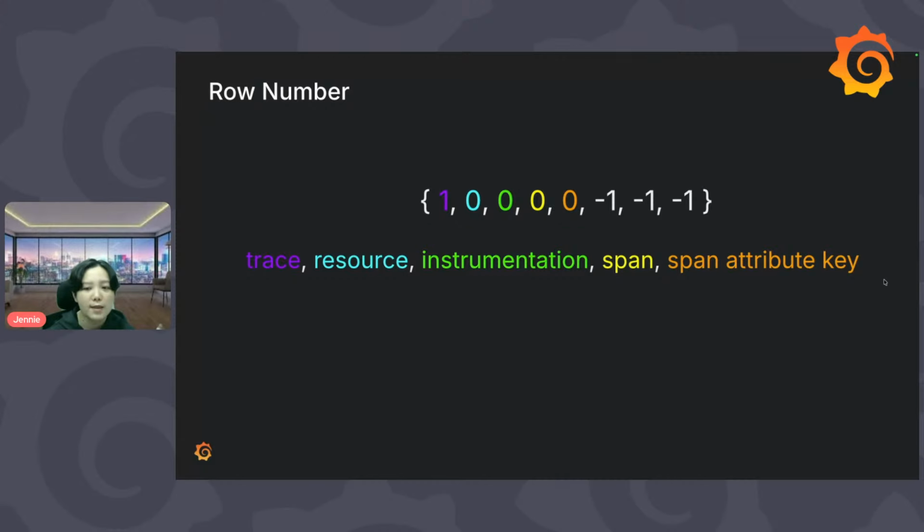Here we're looking at the span key attribute right now. Just a little aside: each of these numbers can represent multiple things. Even though this is the instrumentation level, it can also represent the resource attribute level. The thing to know is that they are different levels.